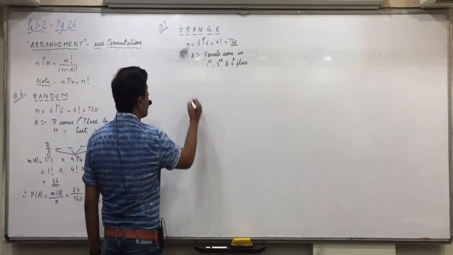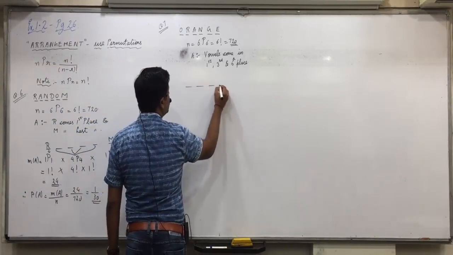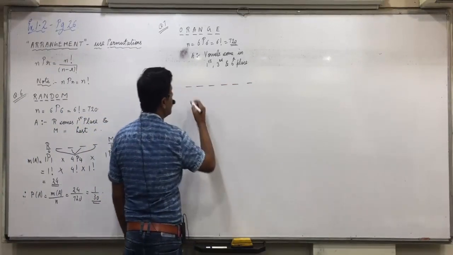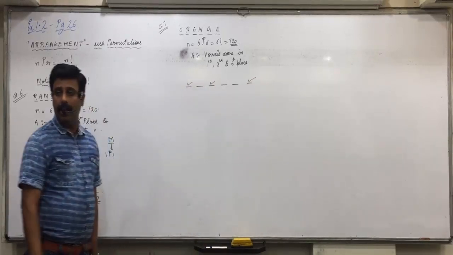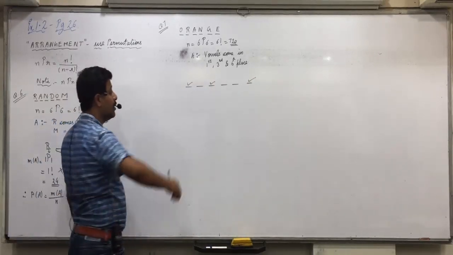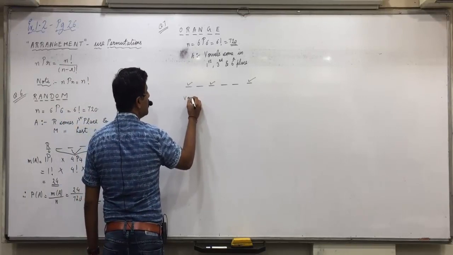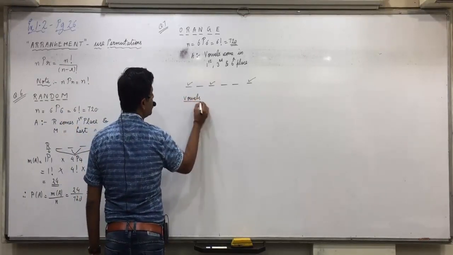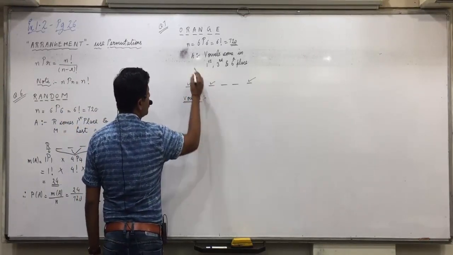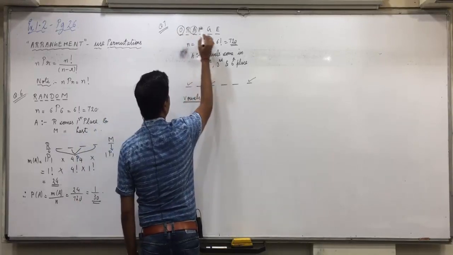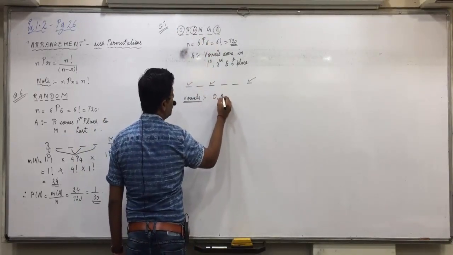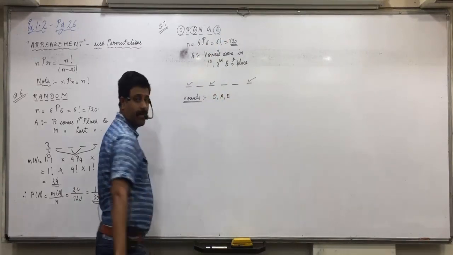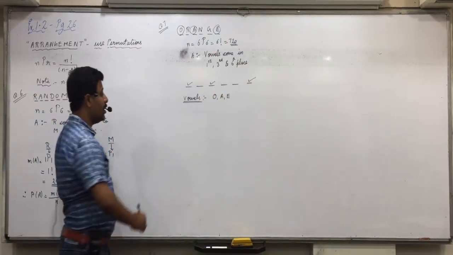Now 1, 2, 3, 4, 5, 6. First, third, sixth. Which are the vowels in orange? O, A, E. A, E, I, O, U are the vowels. So O, A, E. Did you understand this?